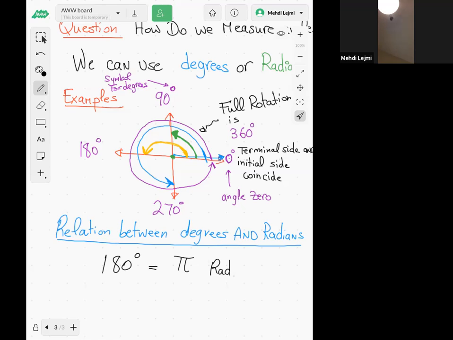If you multiply by 2, 360 is twice 180, so that's 2 pi radians.